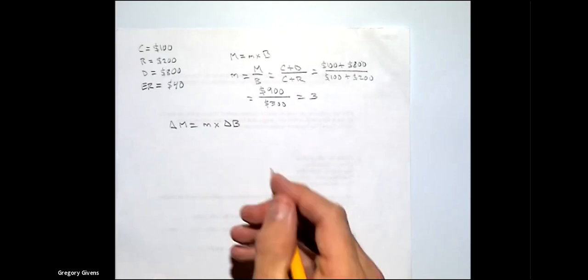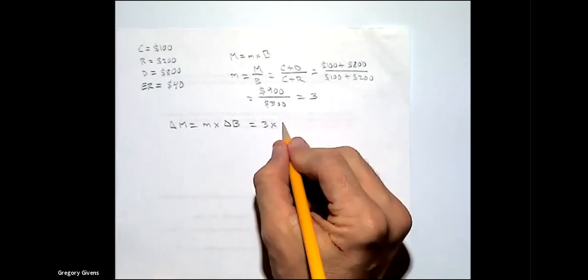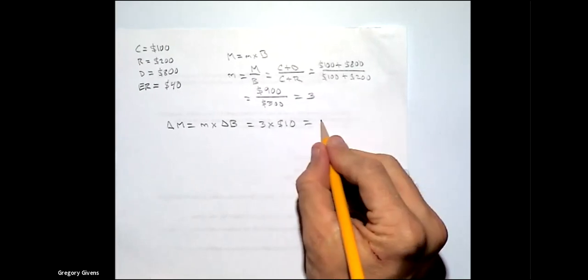Now the Fed, by engineering this open market operation, increases the monetary base by $10 billion by paying banks $10 billion worth of bank reserves. Remember what the monetary base is. It's currency plus bank reserves. And so the total change in the M1 money supply here should be $30 billion.